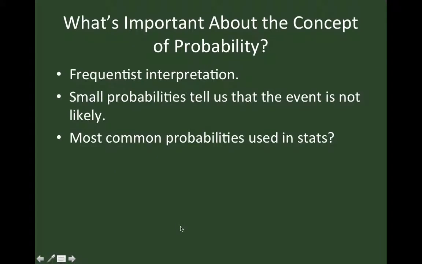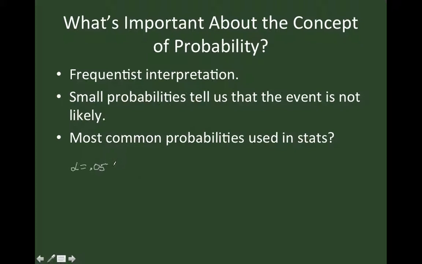Now let's talk a little bit about some important concepts revolving around probabilities. First one is the frequentist interpretation. The idea here is that we interpret probabilities as relative frequencies. So for example, alpha equal to 0.05 means that type 1 errors are going to occur with a frequency of 5%. That's why I refer to type 1 error sometimes as a type 1 error rate.